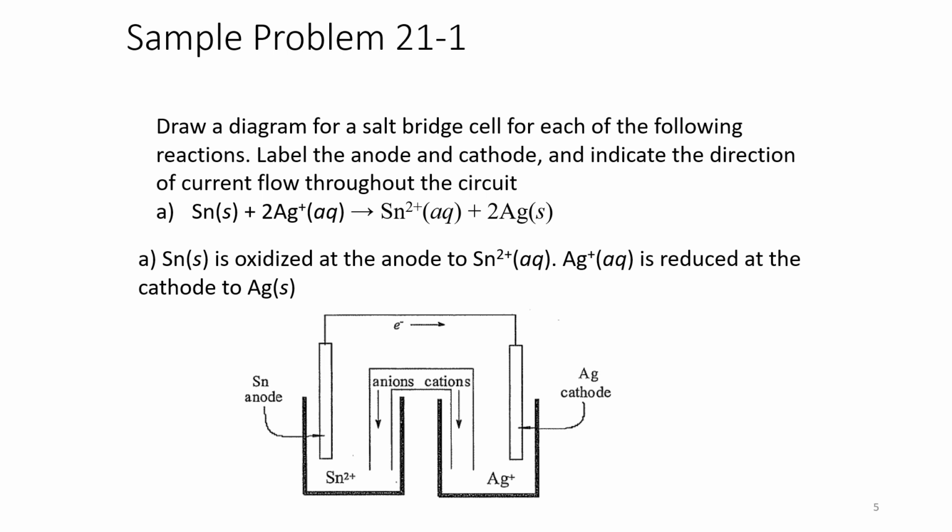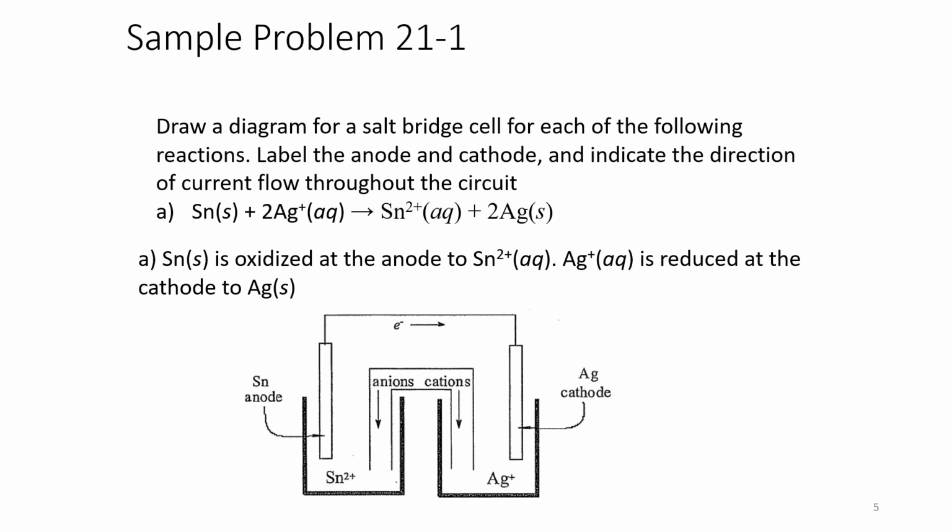So sample problem 21-1 wants us to draw a diagram showing this entire reaction between our solid tin plus 2 silver cations producing tin 2 plus and 2 solid silvers. So our tin is oxidized, so that's going to take place at the anode.